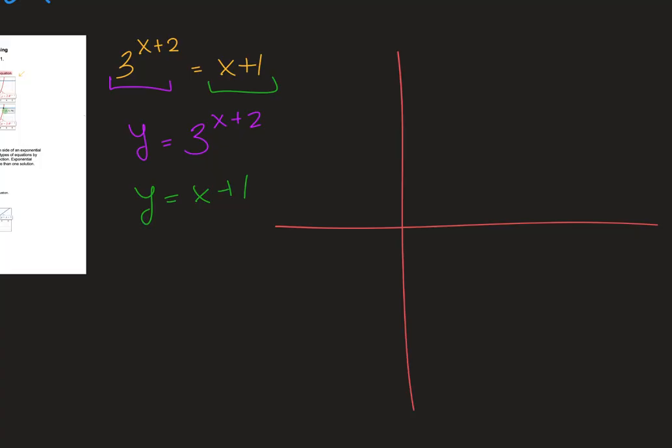First, the green one, x plus 1, is super easy. The y-intercept is 1. The slope is 1. So it's just going to be up 1 over 1, up 1 over 1, just like that. So let's graph that. Let me get a straight line tool. There we go. Straight line, like that.